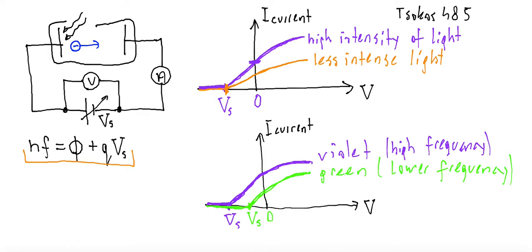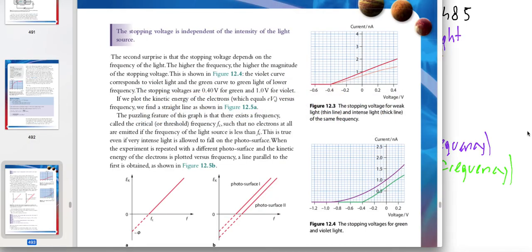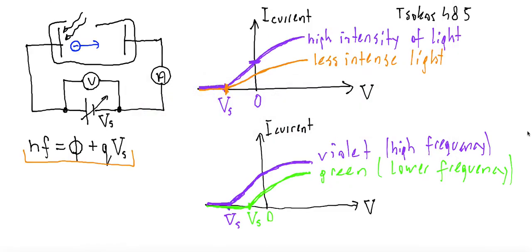Is that clear? Okay, the same graphs you have in SOCOS on page number 485. Please copy this. You can write photoelectric effect graphs. Please copy this, it's also important.